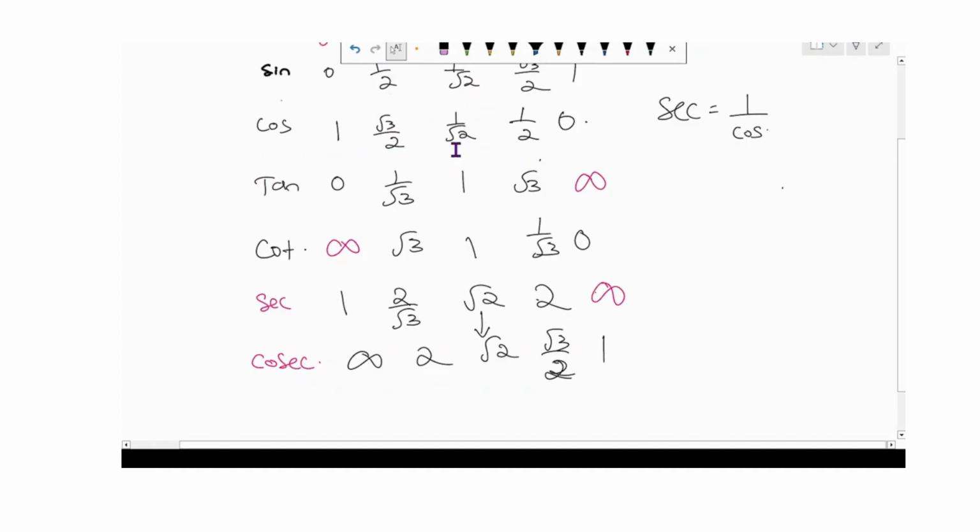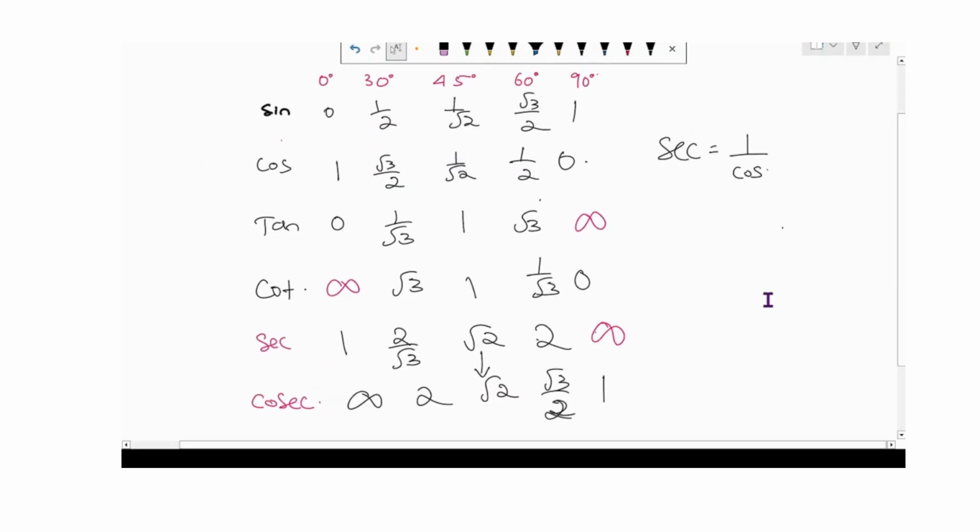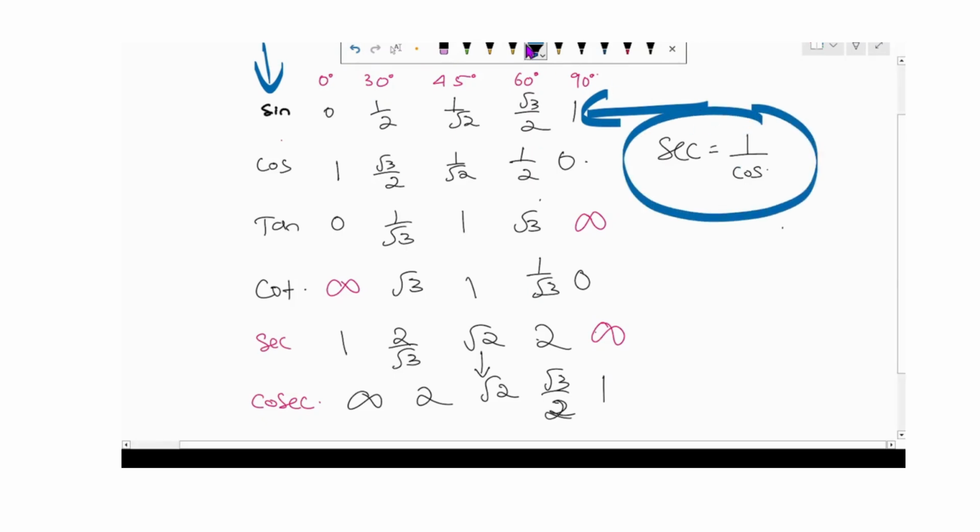So this is how you memorize the entire trigonometry table in less than 10 minutes. Just keep practicing. All you have to do is remember this order: sine, cos, tan, cot, sec, cosec, and the first value. Along with this, just memorize this one formula: sec is equal to 1 by cos.